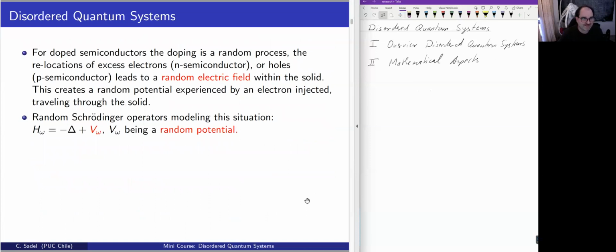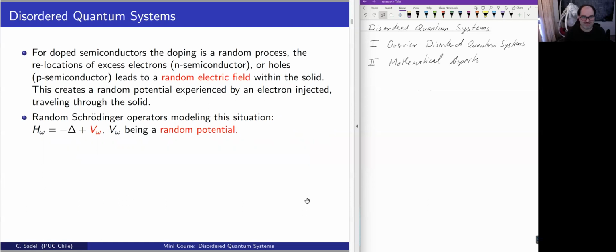And so why disordered quantum systems? Well, if you have, for instance, doped semiconductors, then the doping is a random process. And you have relocations of the excess electrons if you have n-doping. So if you introduce some atoms that have some electrons more in the valence band, or if you introduce some that have less, then you have so-called holes.